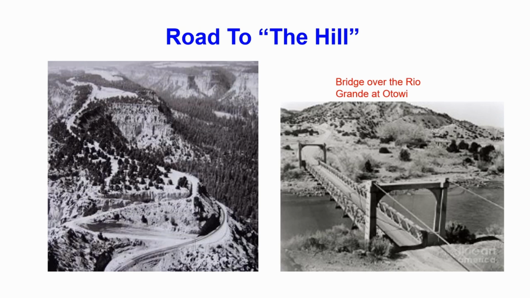It's closed off. You don't use it, but it's still there. And then there's the switchback road up to the Hill. And the original part, this was the original switchback. As you see winding around, this is the path of the newer road.